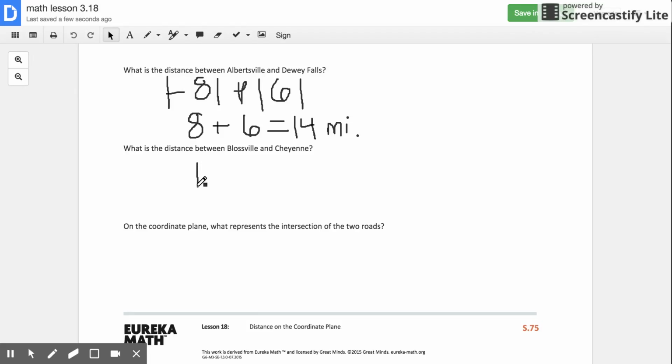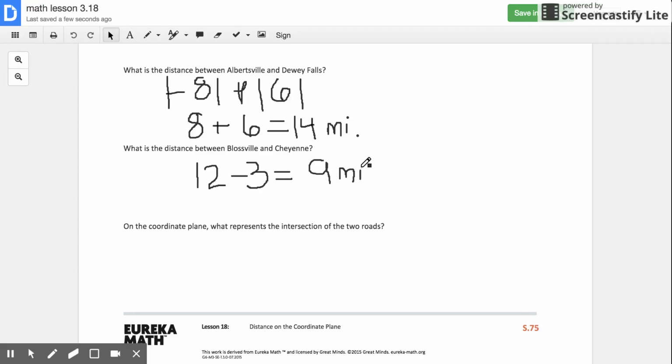So we need to know, all the way to 12, how far is it if we've already gone those 3? In this case, we need the difference. We're going to subtract out the 3 miles that we've already traveled to see how far it is to 12. And the distance between Blossville and Cheyenne is going to be 9, and don't forget your unit, 9 miles.